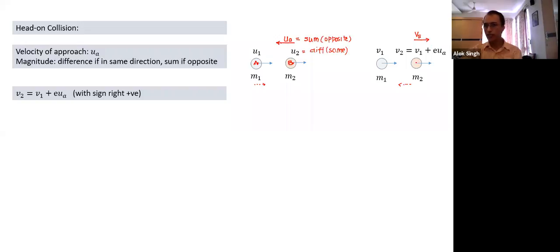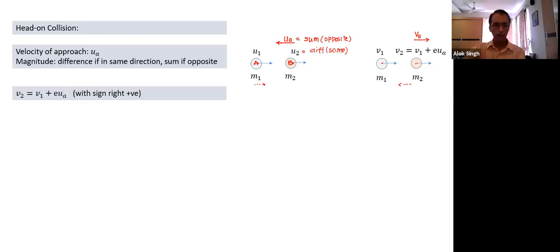So I can write that the second object will always appear to be moving towards right. Okay, so this is an easy way to write the velocity. If I assume this is v1, I can write v2 as v1 plus e into ua, e being the coefficient of restitution.